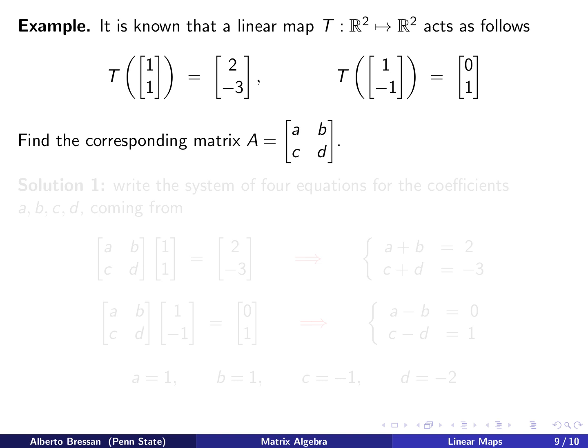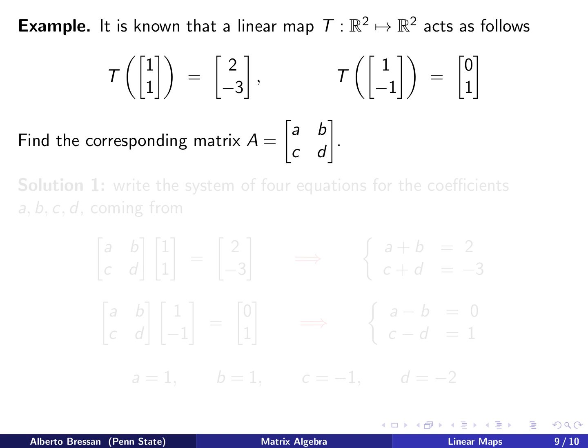So let's say there is a linear map T from R2 to R2, and it acts as follows with two examples. If you put in (1, 1), the transformation gives you (2, -3). And if you put in (1, -1), the transformation gives you (0, 1). And I want you to find the corresponding matrix A. Let's say it's A, B, and C, D for this matrix.